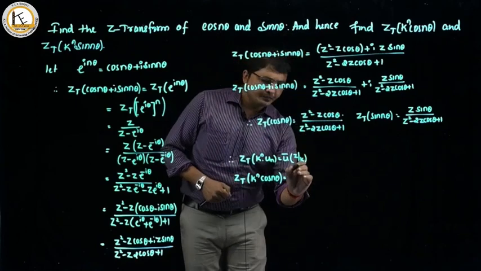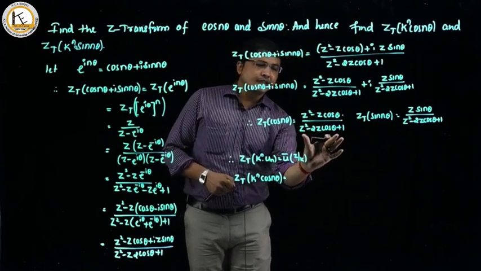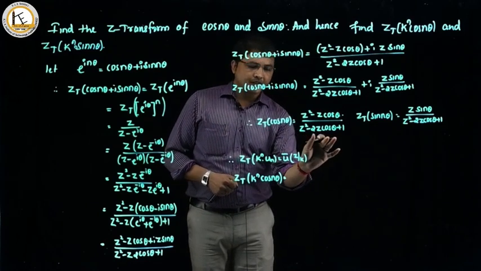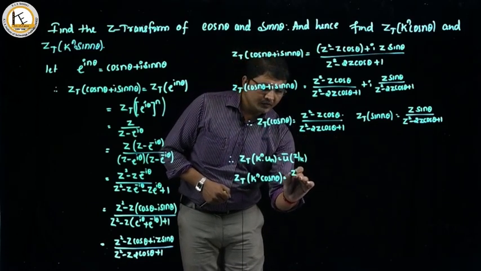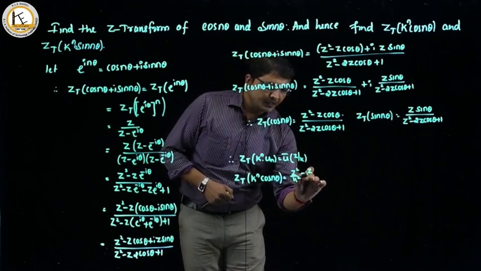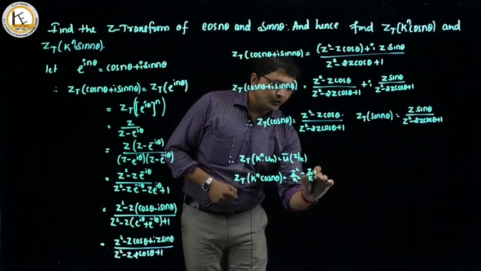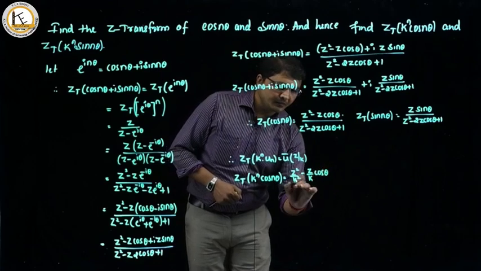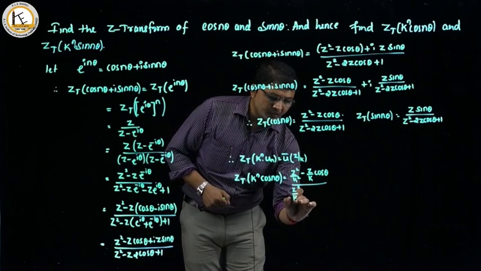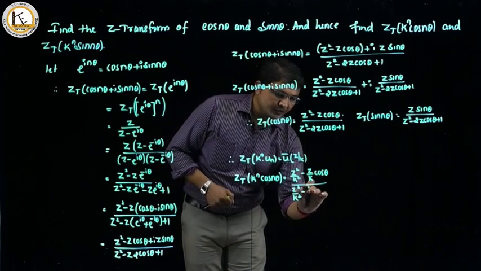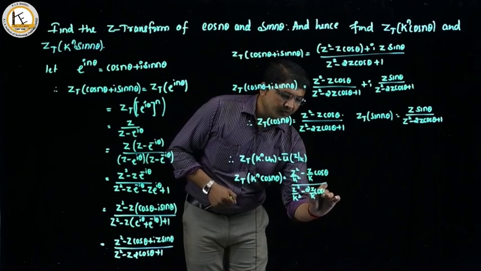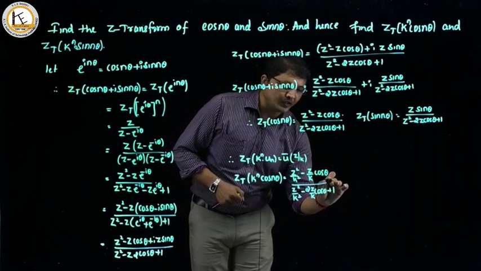So in the z transform of cos n theta you just replace z as z by k. So we have z square by k square minus z by k into cos theta divided by z square by k square minus 2 times z by k into cos theta plus 1.